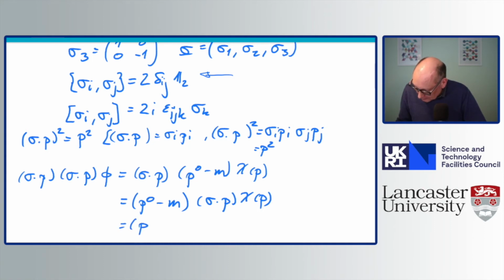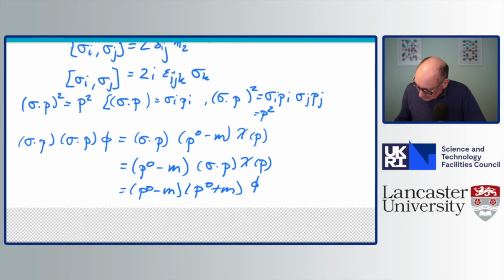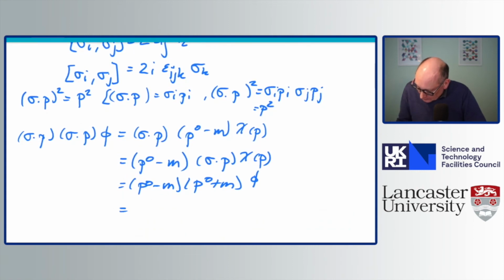So what we get here is p naught minus m, p naught plus m phi. We can write that out as p naught squared minus m squared phi of p.